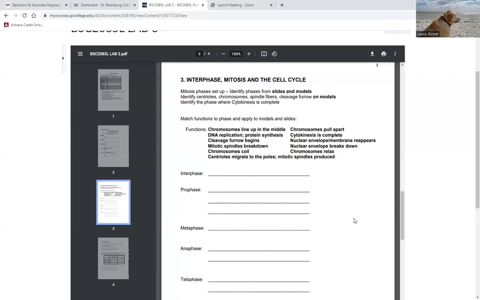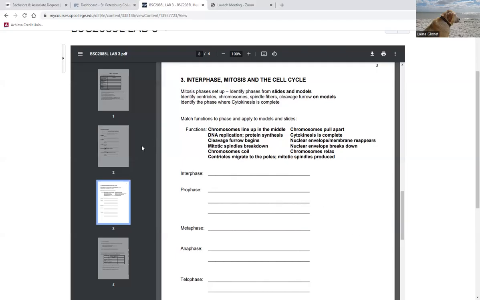So we have models, what we call cell on a stick models. And then we have these large, I call them the cookie sheet models. It looks like a great big cookie sheet, but it has all these diagrams, so to speak, of the cell going through these different phases. And so even on those, it's easy to identify what the chromosomes are or the centrioles are and the mitotic spindles and so forth.